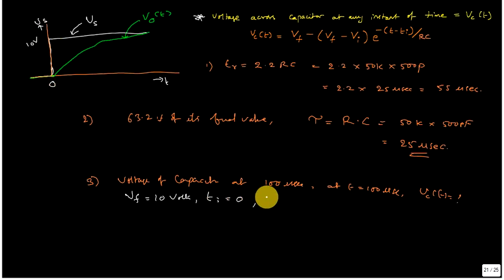Next, Vi. Vi is the initial voltage, that is, the starting voltage of the capacitor when 10 volts is applied. At t equal to Ti, what is the voltage across the capacitor?